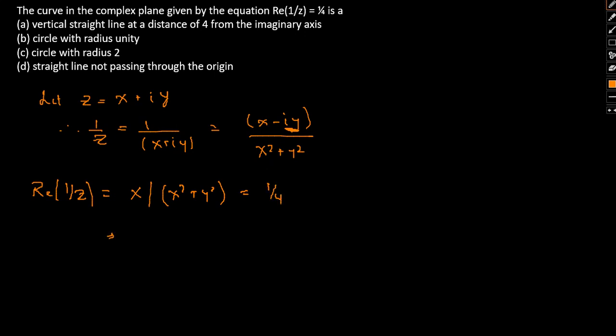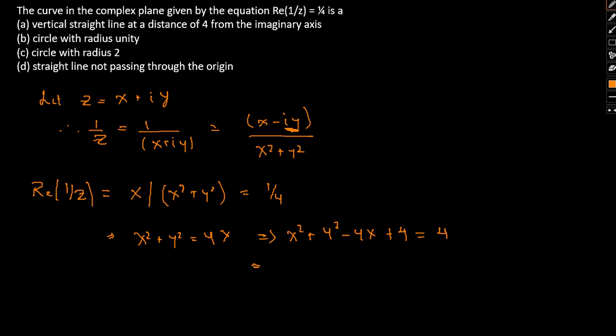Further, if I write this, I'll have x² + y² equal to 4x, which can be further written as x² + y² − 4x equal to 0. I'm adding 4 and again subtracting 4 just to cancel this out.